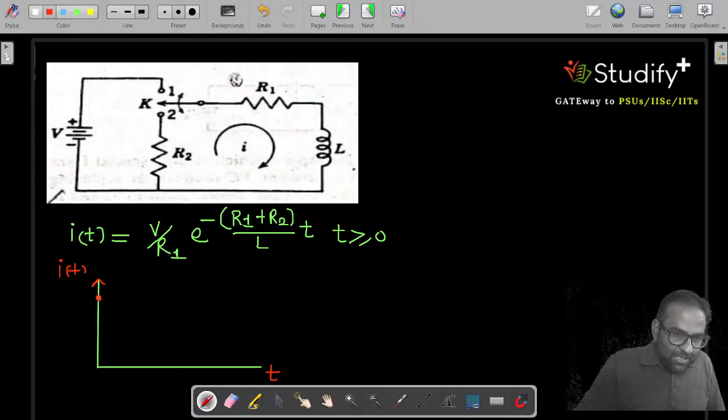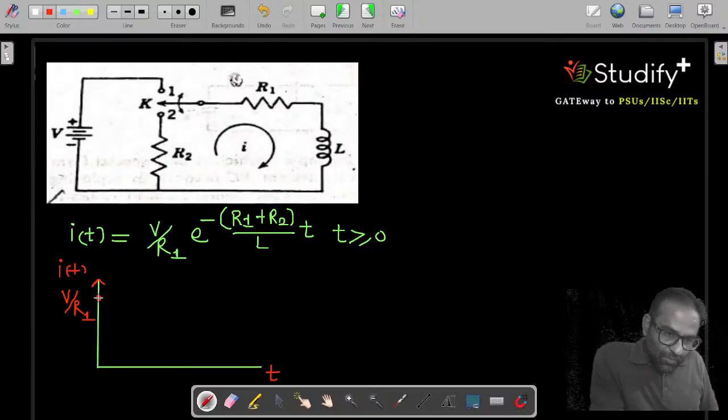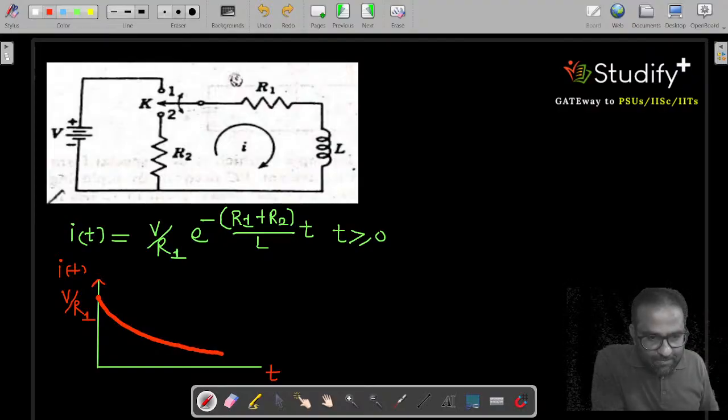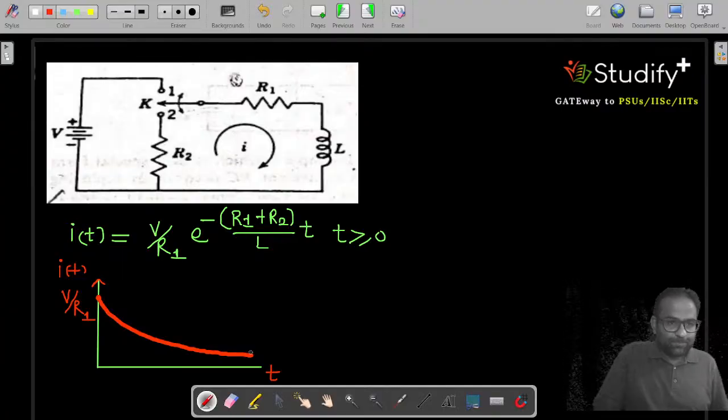The value at t equal to 0 is V divided by R1. And what is the value at t equal to infinity? The value at t equal to infinity is 0. So this waveform will look like this. This waveform is trying to tell us that this inductor is discharging from V by R1 to 0.